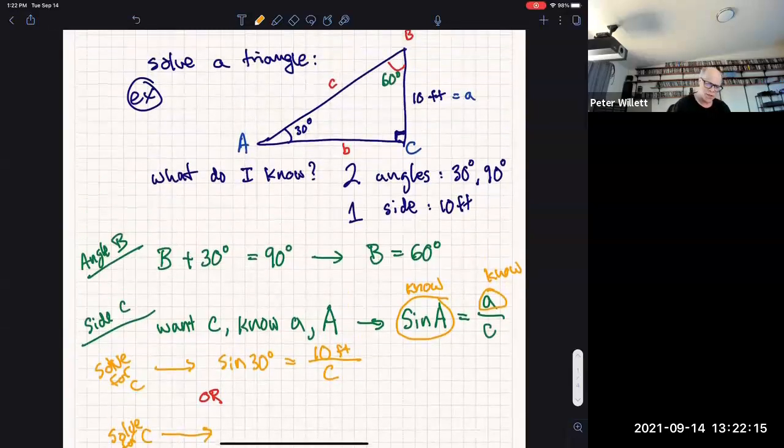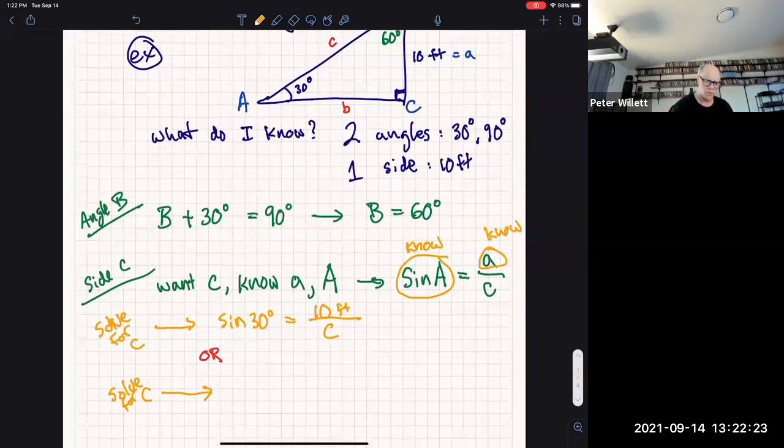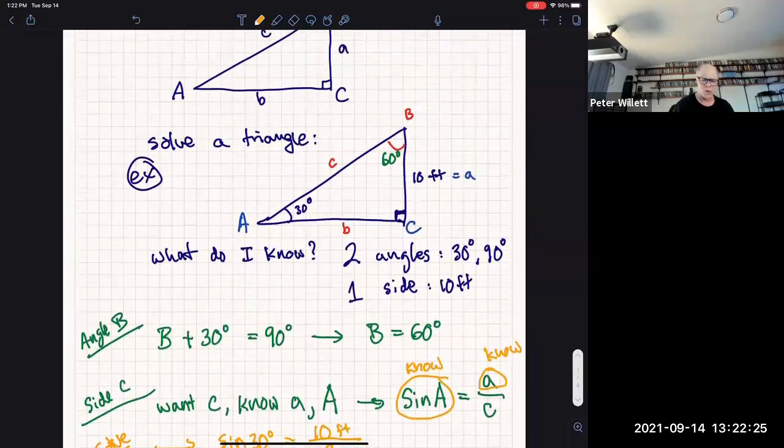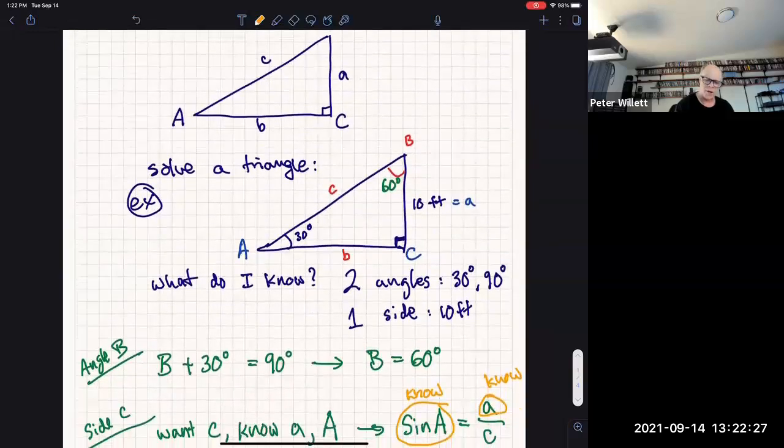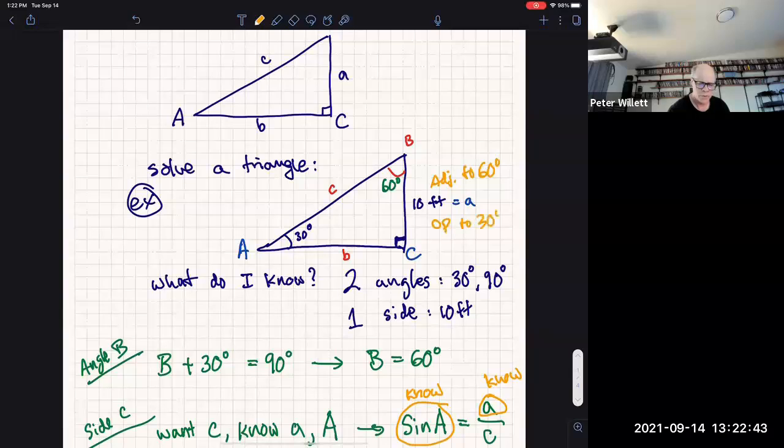Along the same lines, we could solve for C by recognizing that the 60-degree angle, which is also known in this triangle, can be used. But if I'm doing the 60-degree angle, then the side that I know, the 10-foot side, is now the adjacent side to that angle. So this is adjacent to 60 degrees, but it's opposite to the 30 degrees.